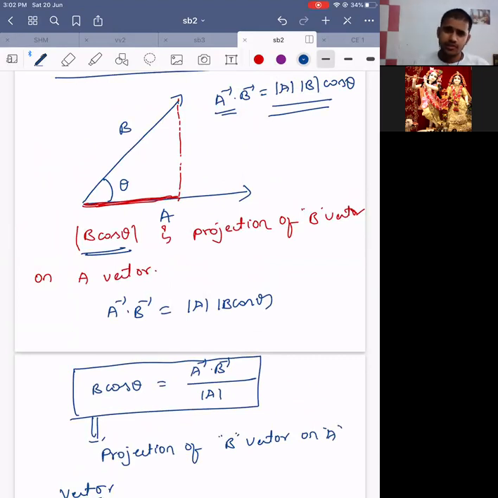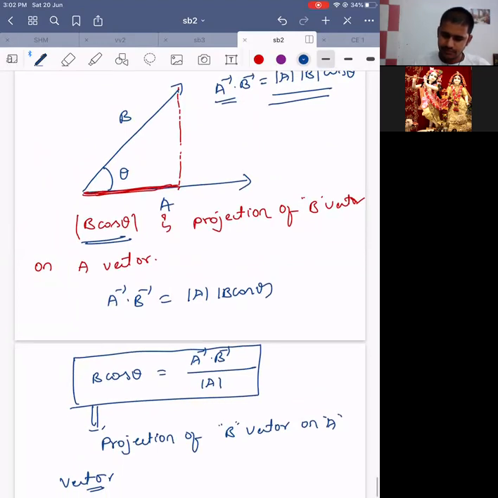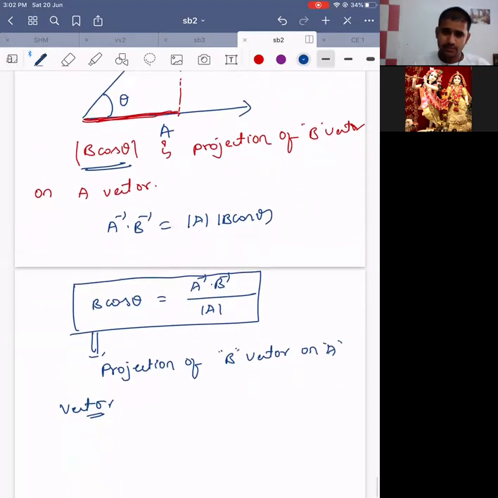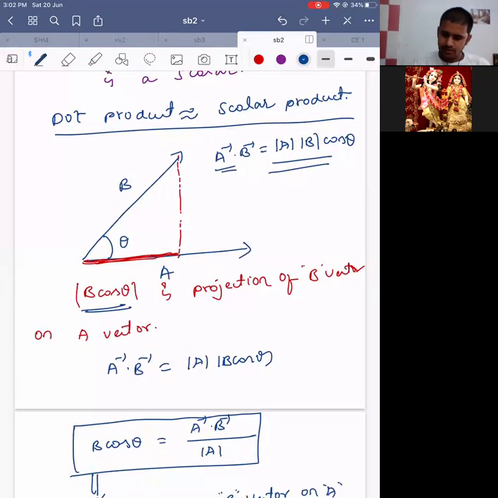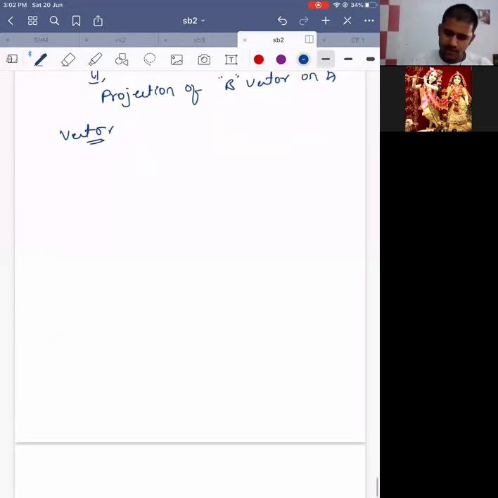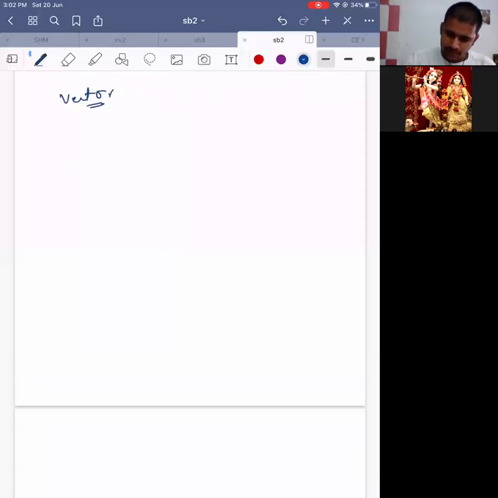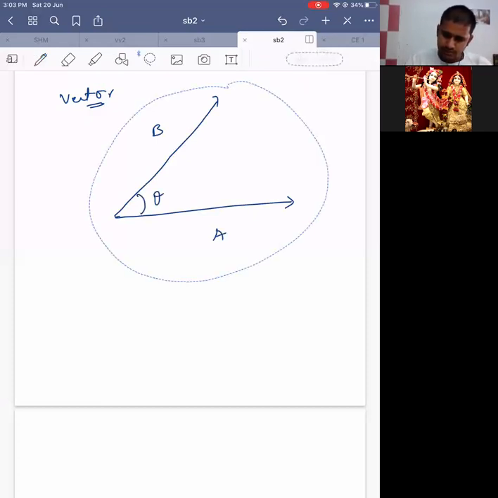Next, projection of a on b. Okay, done. I will draw this diagram again. Let's see another part. There is an angle theta.